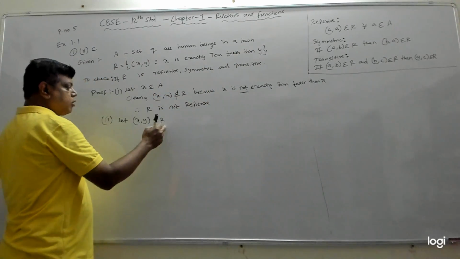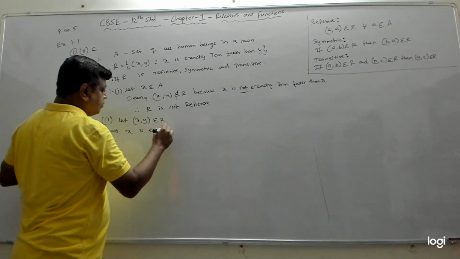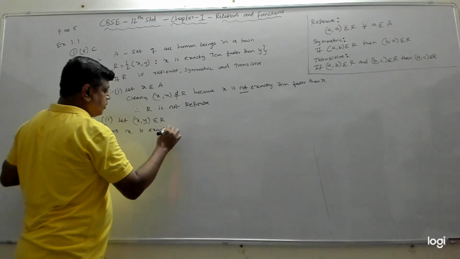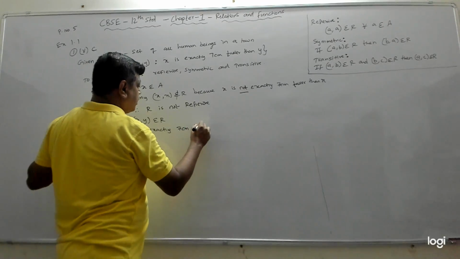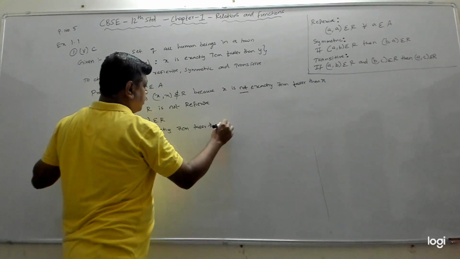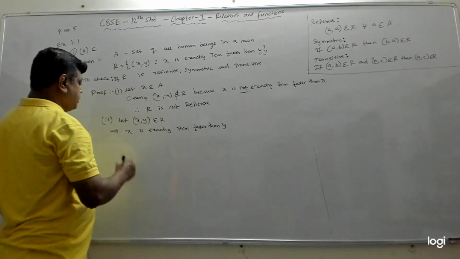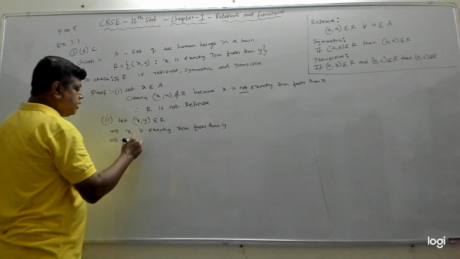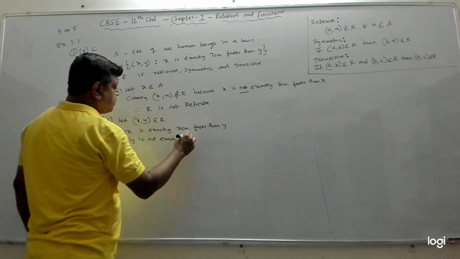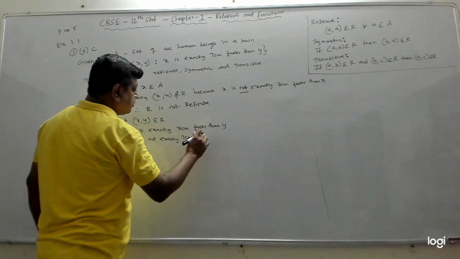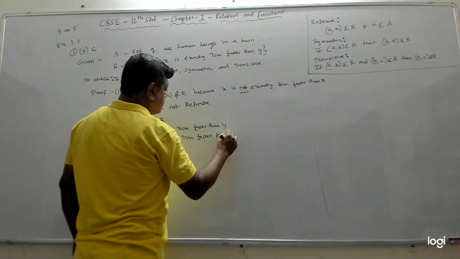Now we have x comma y belongs to R. What is the meaning of this? This means x is exactly 7 centimeter taller than y. Right? This means y is not exactly 7 centimeter taller than x.